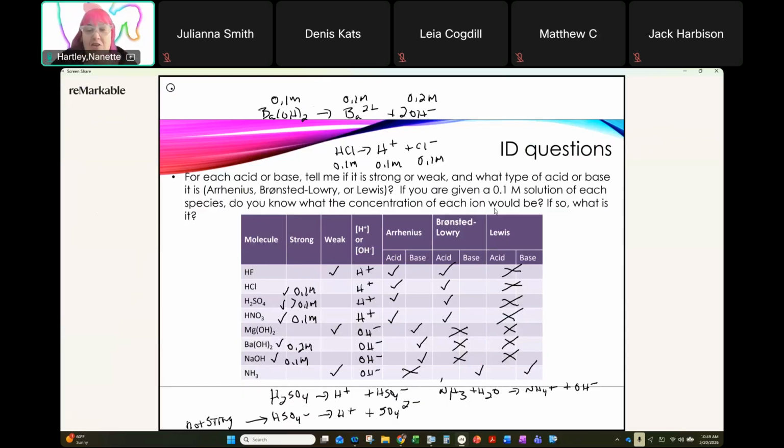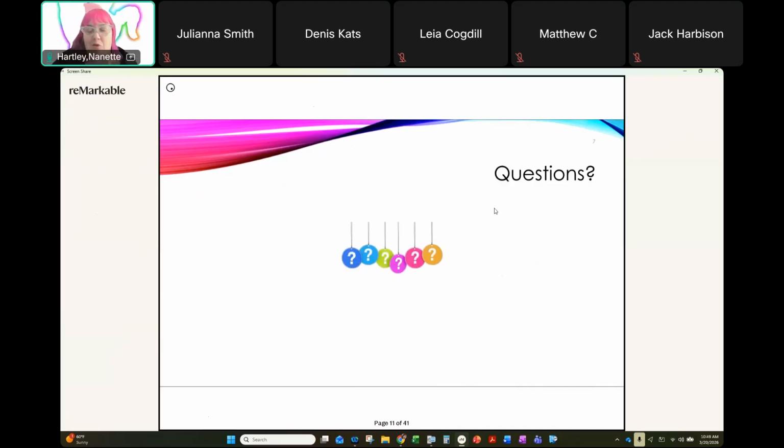So, questions on what these definitions are, the ways that you might see that as a question, any of the things that we've been talking about so far? Is it going to be on the test like that, like a table? Kind of like that, yes.